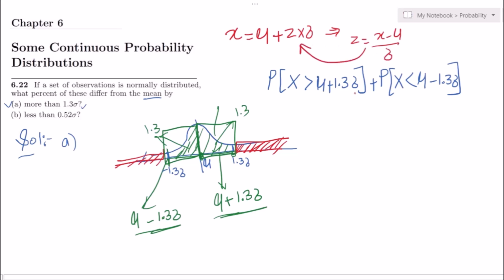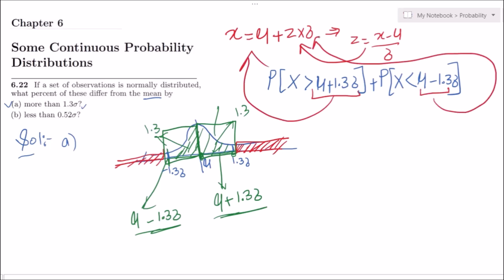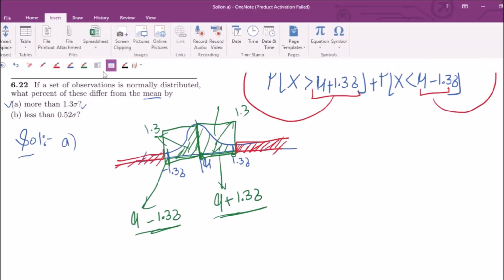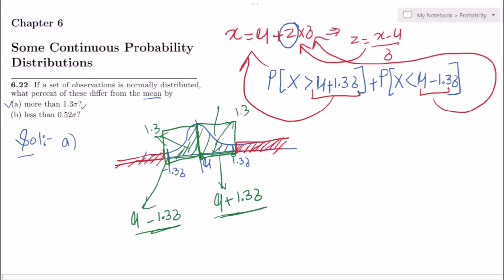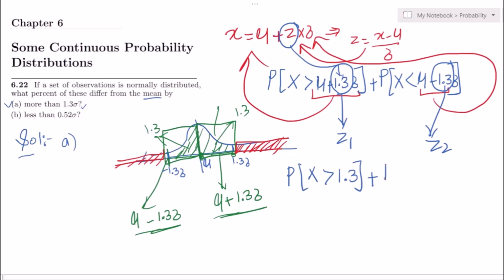Here you can see these are similar formulations, with the value of one z here and another z here. Let me call them z1 and z2. So it would be the probability that z1 is greater than 1.3 plus the probability that z is less than minus 1.3. Okay, these are the probabilities.